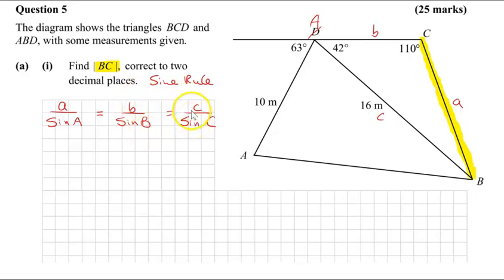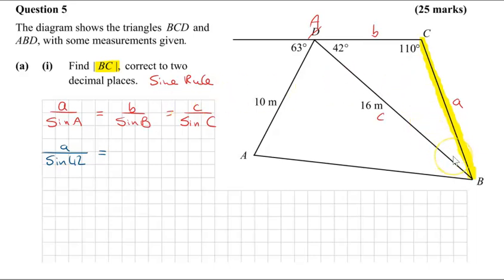So then we start to sub into the formula. We replace lowercase a with, we can leave it as a or just put it as X if you want, because that's what we're looking for. Sine capital A, so angle A, we replace the A with 42. So that angle there is 42 degrees and we've labelled that as capital A. Lowercase b, we don't have anything to replace that with, so we can just leave it as lowercase b. Sine capital B for the angle.